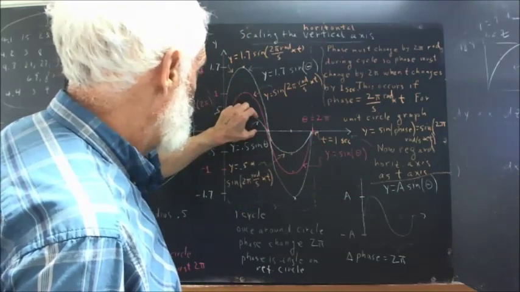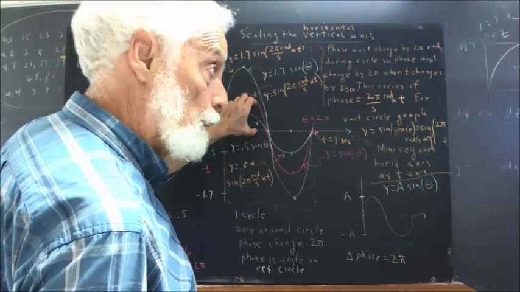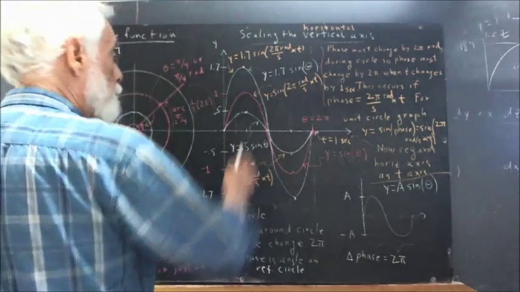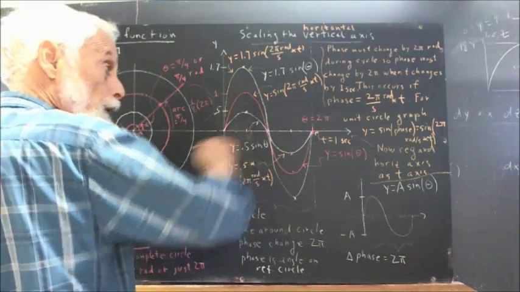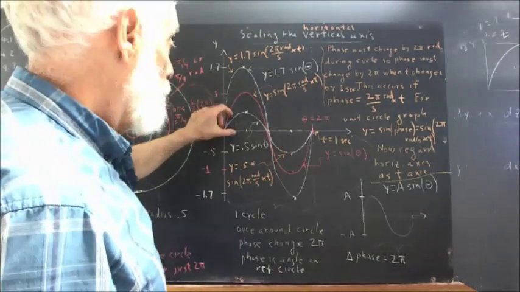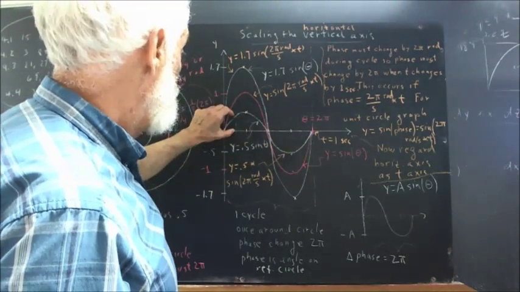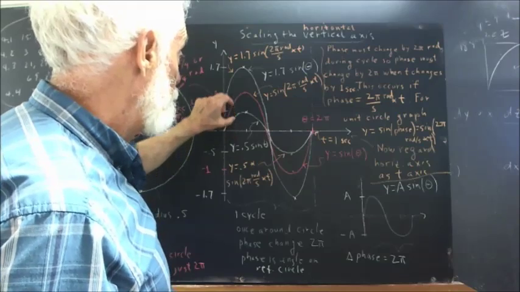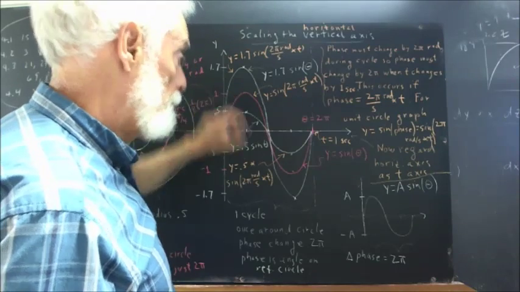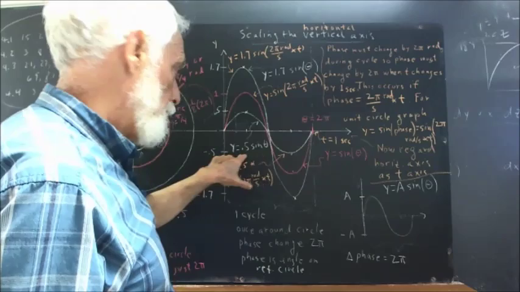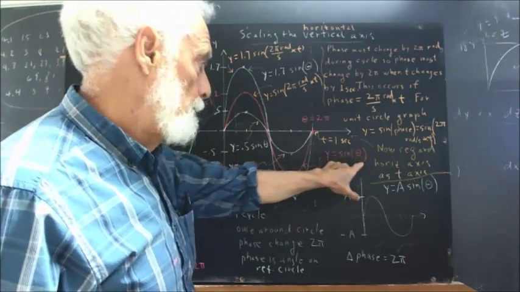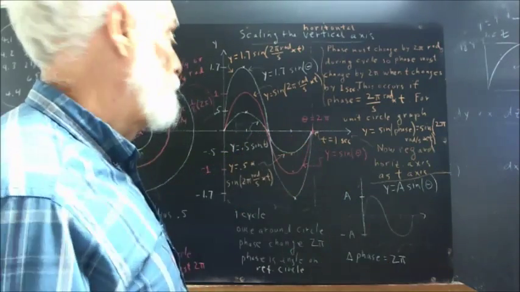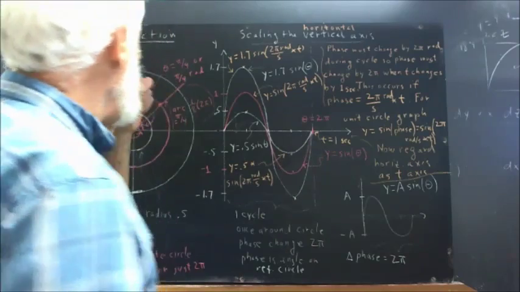So the y value for this graph should be 0.5 of the y value for this graph. And if you draw a vertical line anywhere along this axis, if the graph has been constructed accurately, then this y-coordinate will be half of this y-coordinate. Again, because here you're multiplying sine theta by 0.5, here you're multiplying sine theta just by 1. You have just plain old sine theta.